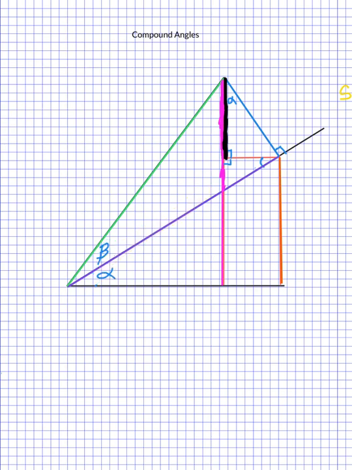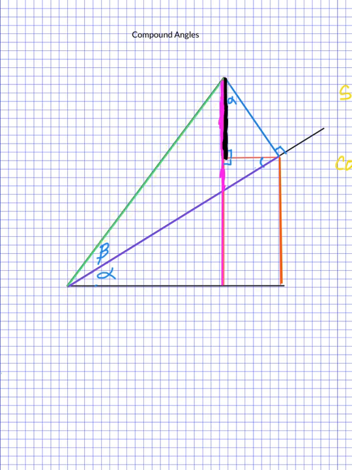Next we're going to talk about the cosine of beta. Now we're going to focus our attention on this triangle, where this is beta right here. The cosine is going to be the adjacent over the hypotenuse of this triangle. The adjacent is this purple line, and the hypotenuse is the green line.